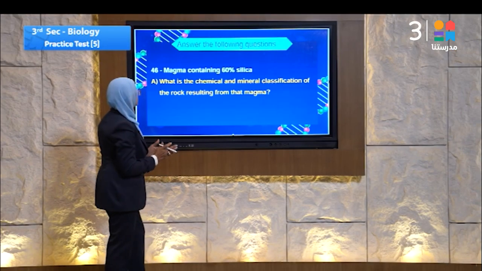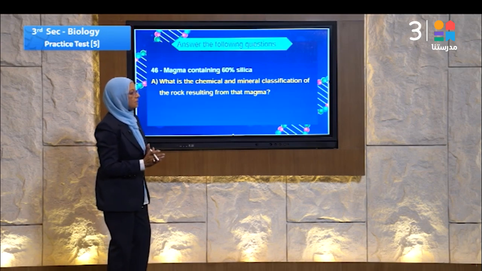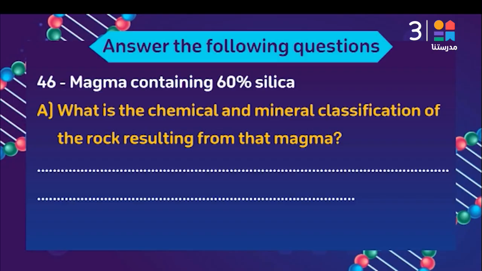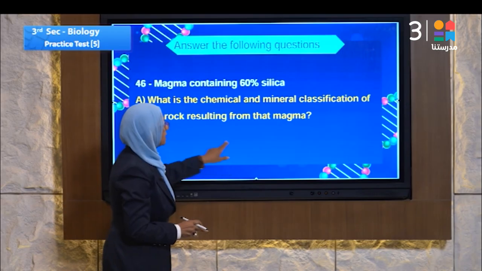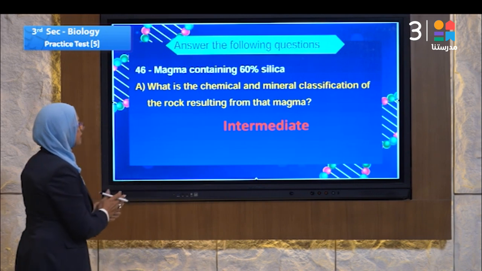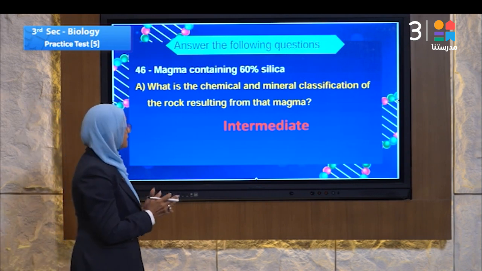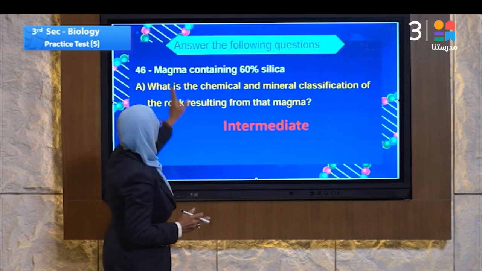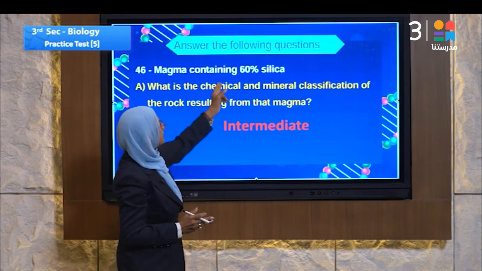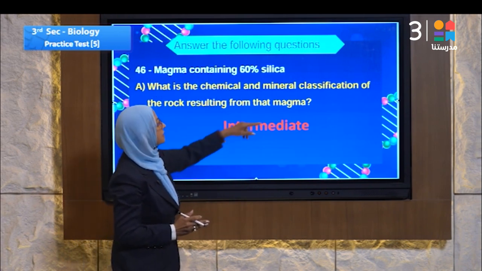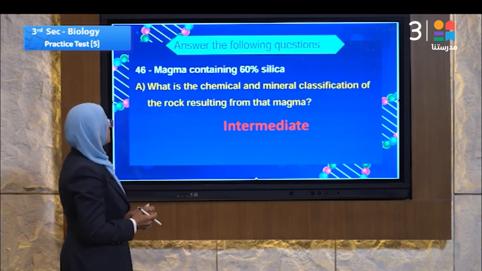So let's go to question number 46. What is the chemical and the mineral classification of rocks resulting from the magma? It is intermediate, when the magma contains 60% of silica.